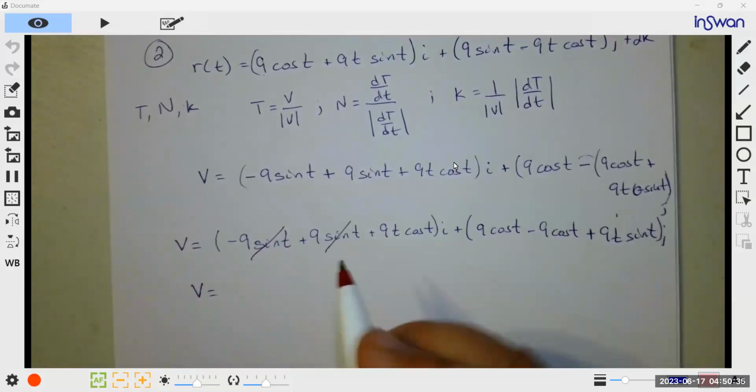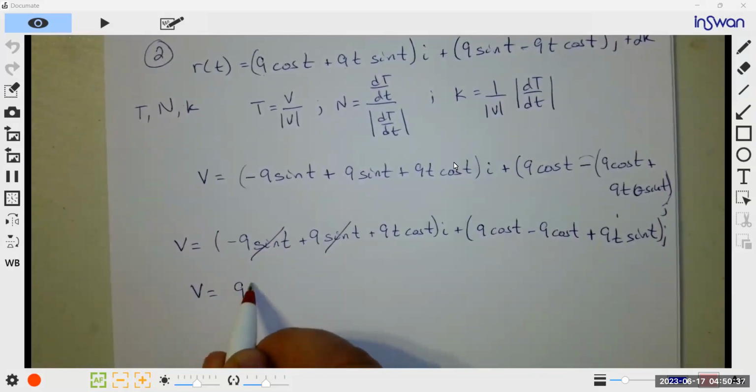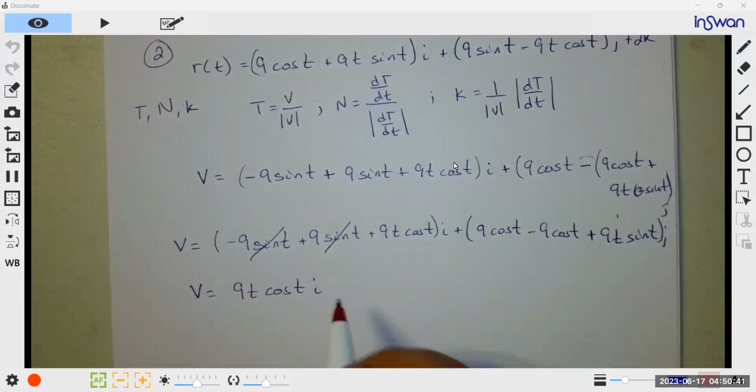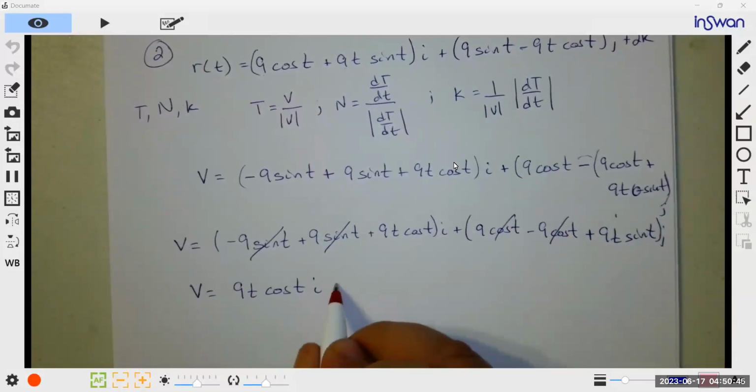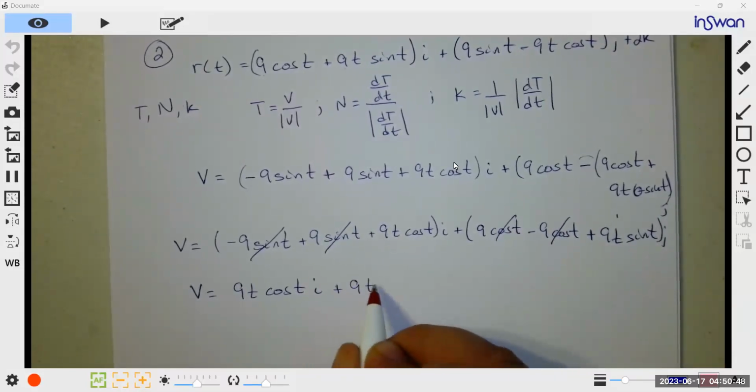Negative 9 plus 9 cancel out, so it's 9t cosine t i. The 9 cosines cancel, so it's plus 9t sine t j.